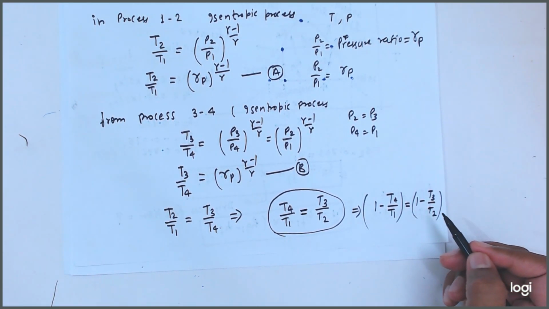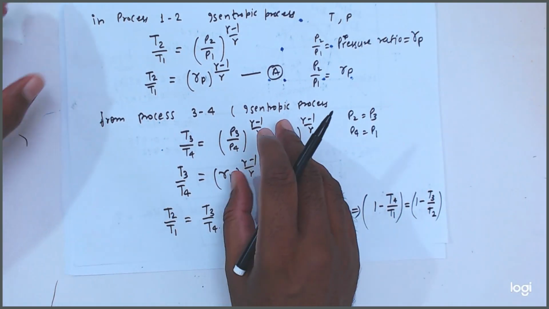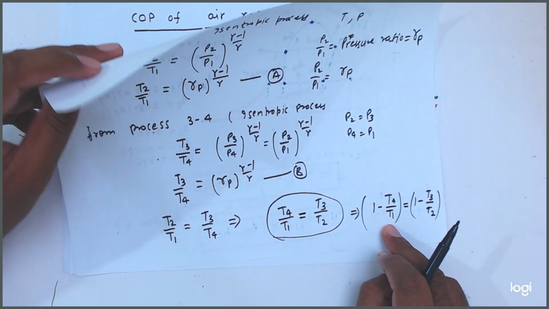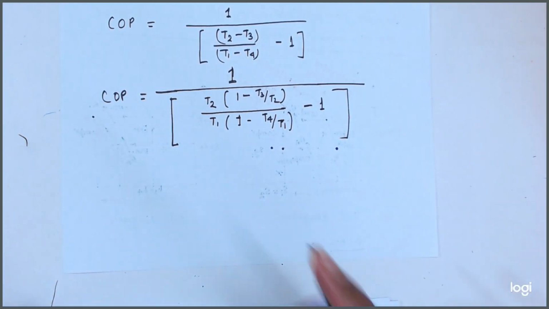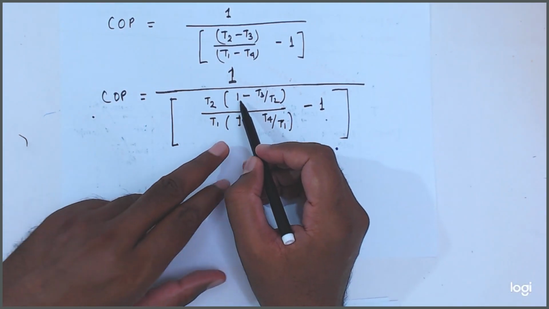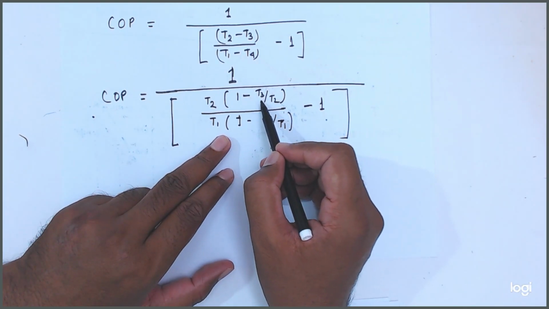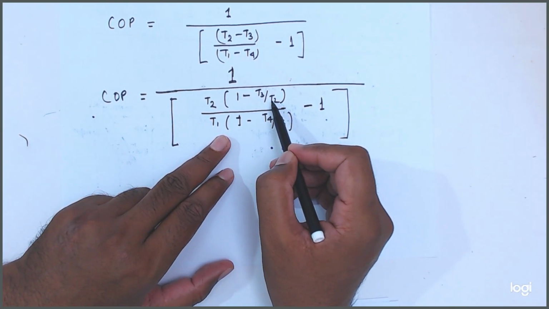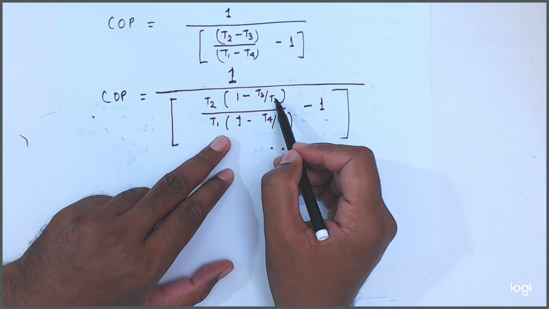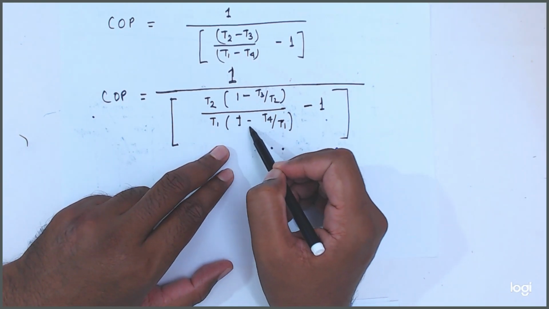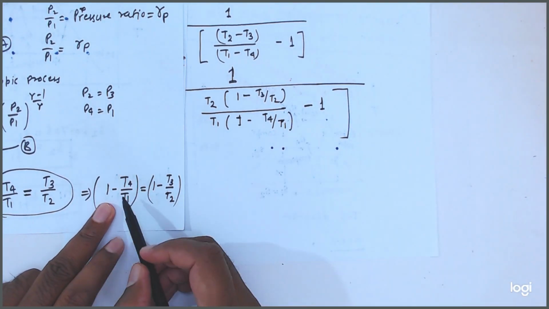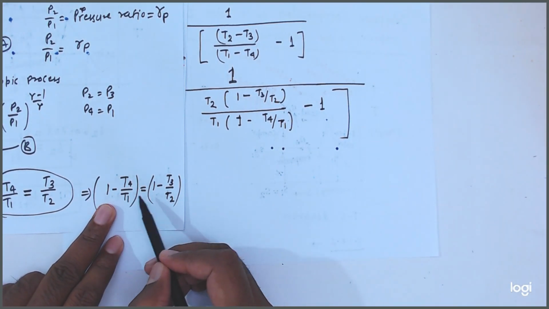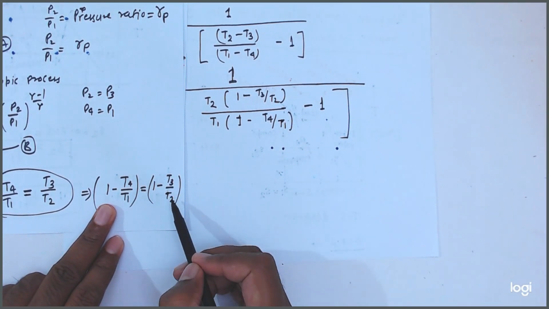Getting friends? So now why am I doing this one? Because in the COP you see 1 minus T3 by T2 and 1 minus T4 by T1, and from here what we are seeing is 1 minus T4 by T1 equal to 1 minus T3 by T2.